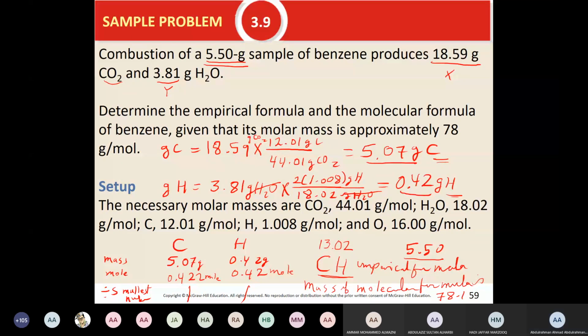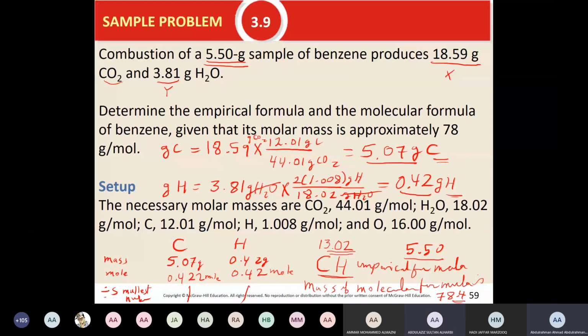So if the molecular mass is 78.4, then to find the molecular formula, you take the 78.4, which I gave you, and divide it by the mass of the empirical formula.